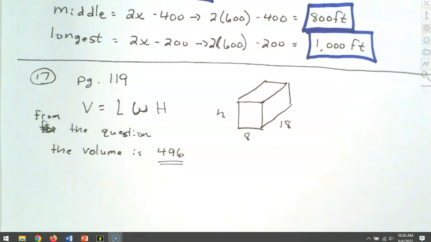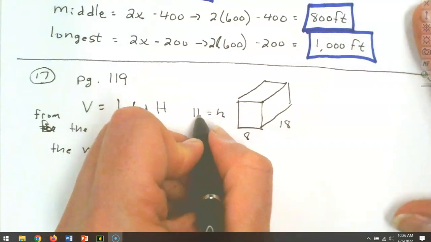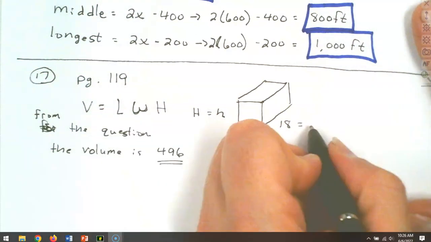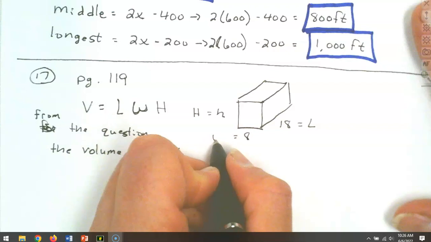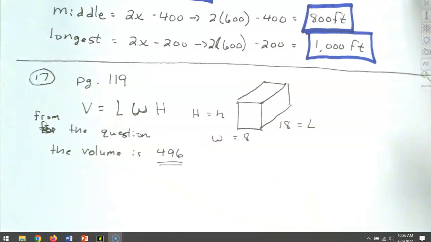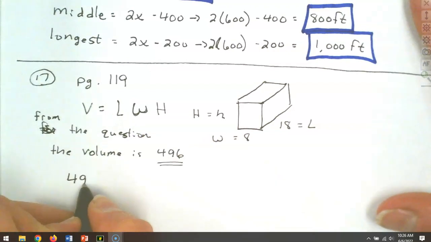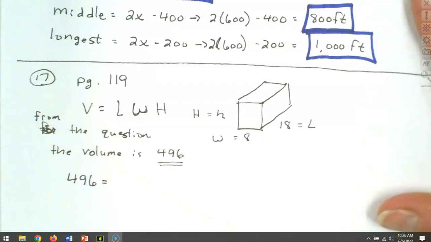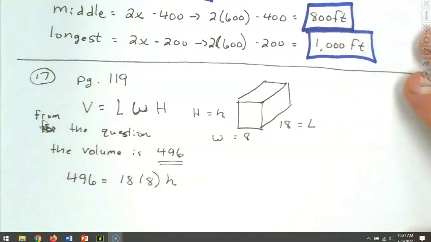We looked up our formula from the back cover of our textbook. We've got everything labeled out. So this is going to be our height. This is the length, and this is the width. Now we can finish it. So we've got 496. That's going to equal then 18 times 8 times your h.